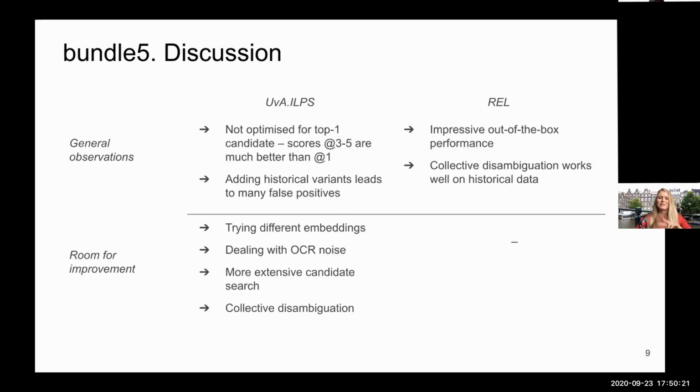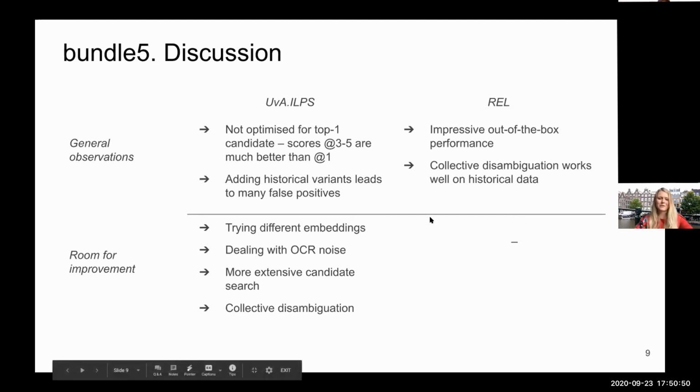And by the way, REL was not directed towards historical data. So we can see that a collective disambiguation system performs quite well, even out of the box. And it leads to a possible conclusion that collective disambiguation is a nice approach, especially for historical data. So this is what we want to try in the future.